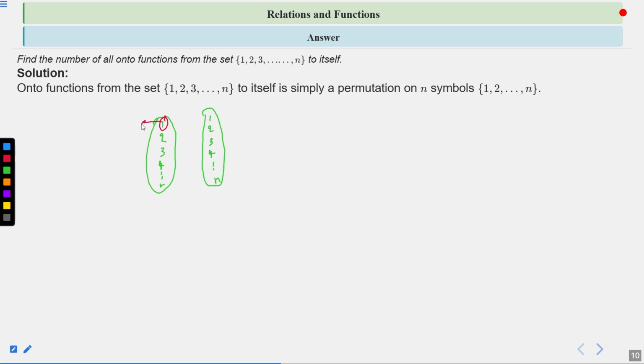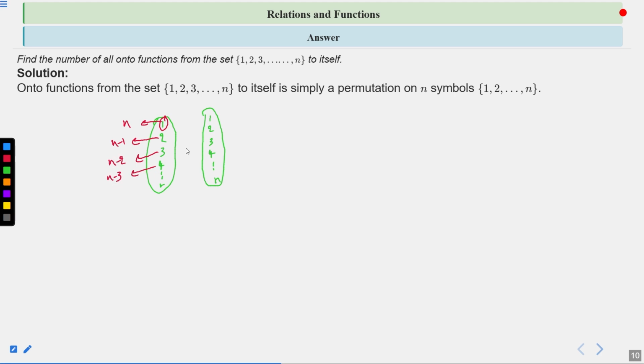For 2, since one option has already been occupied by 1, we are left with n minus 1 options. Similarly, for 3, 1 and 2 have occupied 2 places, so for 3 there are n minus 2 options. Similarly, for 4, there are n minus 3 options.